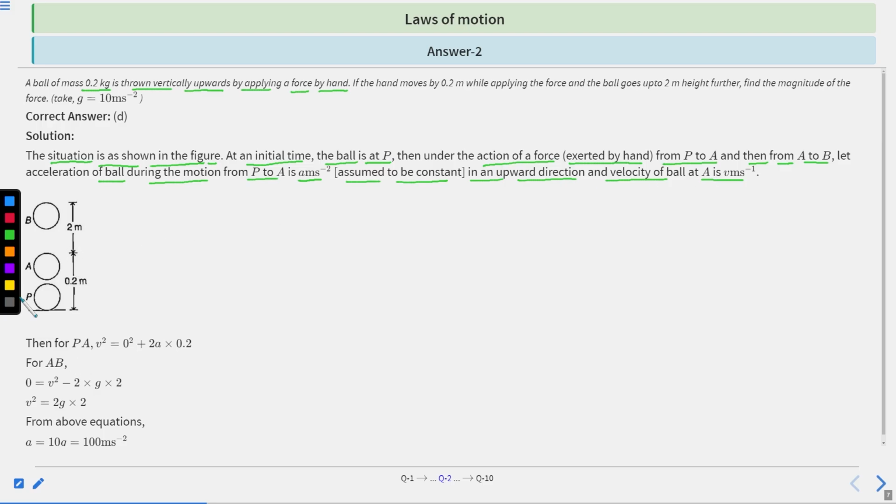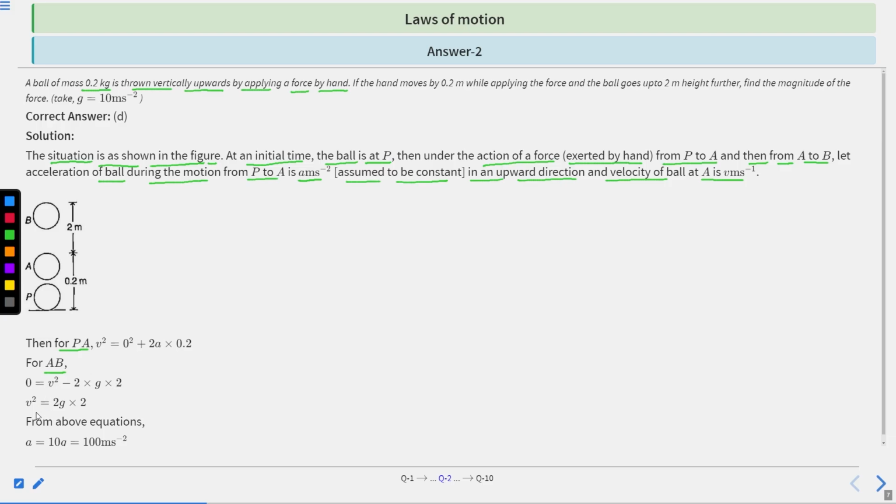Then for PA, v square equals 0 square plus 2a into 0.2. And for AB, 0 equals v square minus 2g into 2.